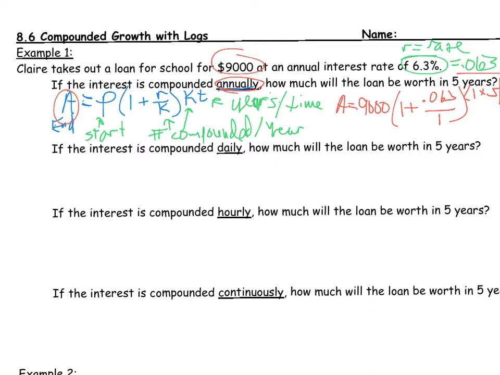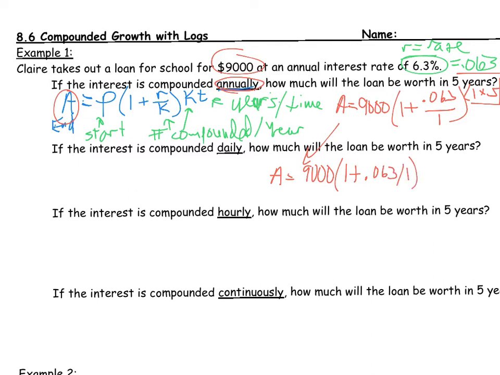So when I plug this into my calculator, I want you guys to do this right now to make sure you're doing it correctly. You can type this whole thing in at once. I usually multiply these two, but if you don't, this is what it's going to look like. Amount equals 9,000, parentheses, 1 plus 0.063, the way you'd plug it in your calculator, divided by 1.